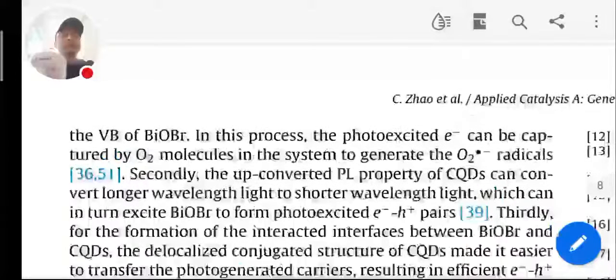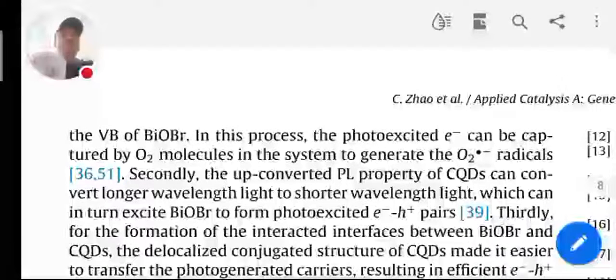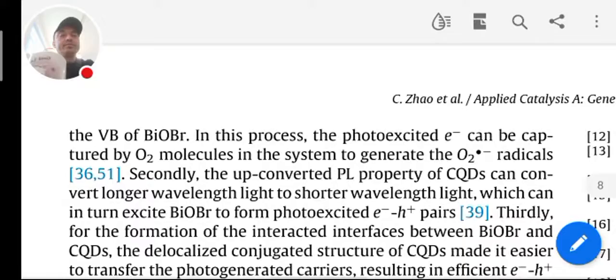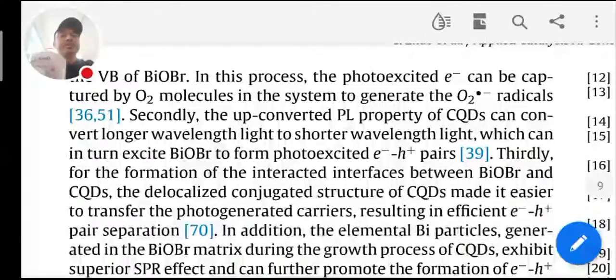This process can generate the O2 radical, the superoxide anion radical. Secondly, the up-converting PL property of carbon quantum dots can convert longer wavelength light to shorter wavelength light, which can in turn excite BiOBr to form photoexcited electron-hole pairs.